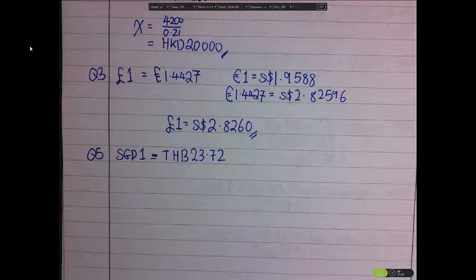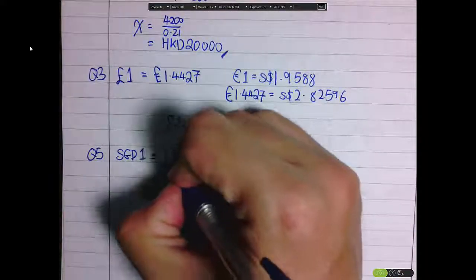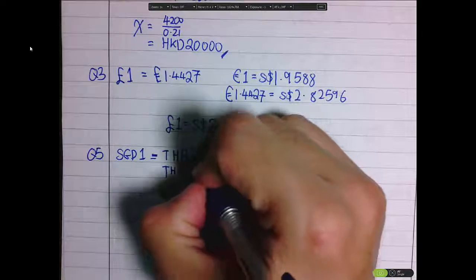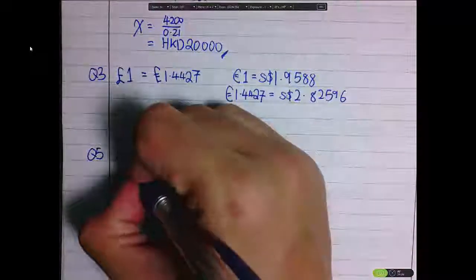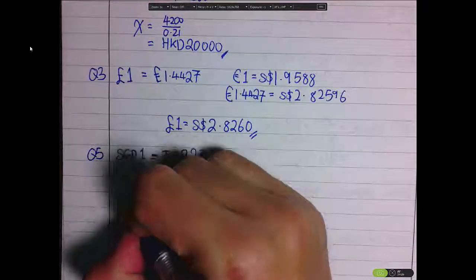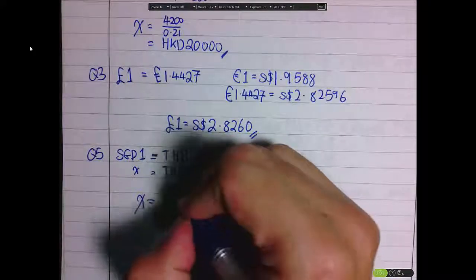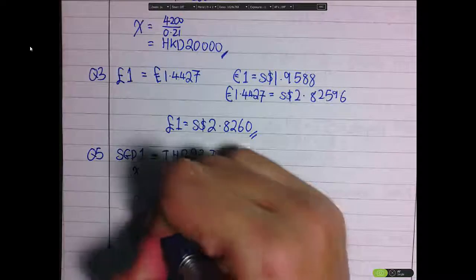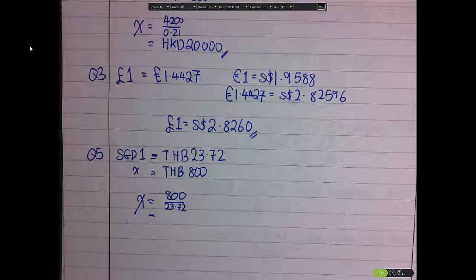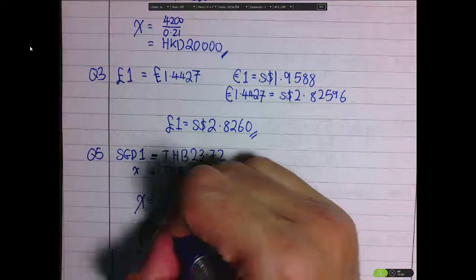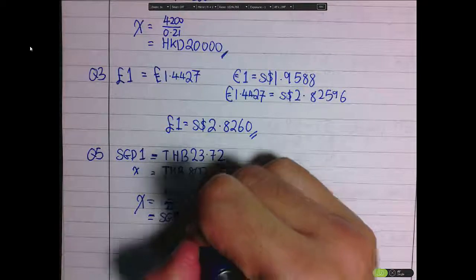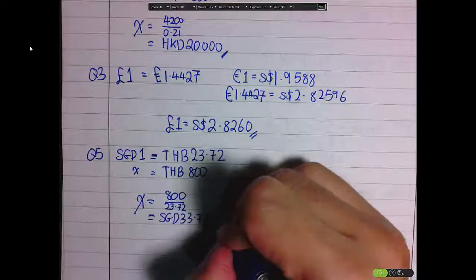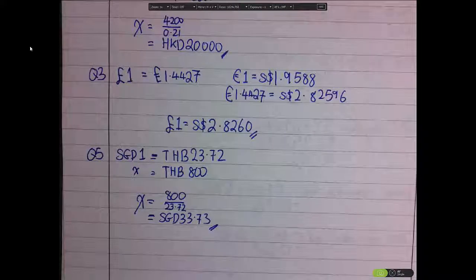She has seafood for 800 Thai baht, so the Thai baht is 800. This is the amount I'm trying to find. Similar to what we did in 1B, just take 800 divided by 23.72, and the amount we get is 33.73, correct to 2 decimal places, because that's the amount she spent.